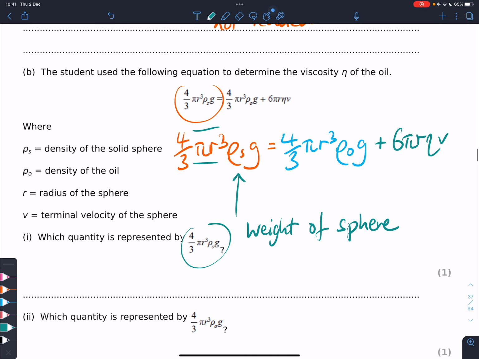What quantity is represented by this next one, the blue one? It's almost the same because it's the same volume, but the density is different. This is the density of the oil, so this is the weight of the oil that the sphere displaces.